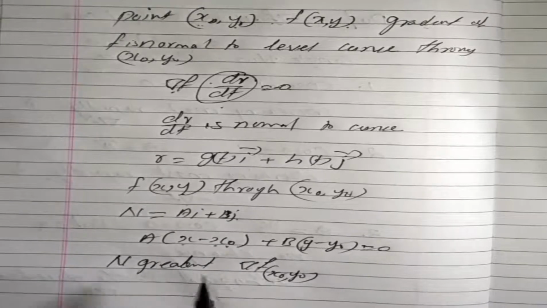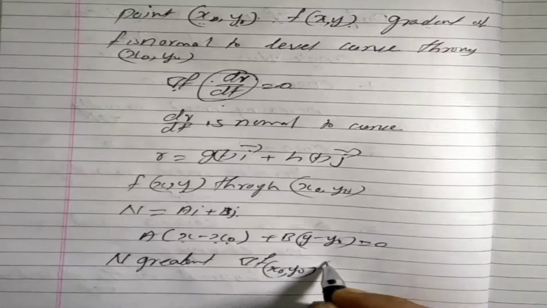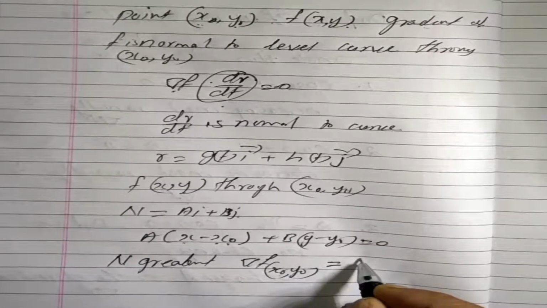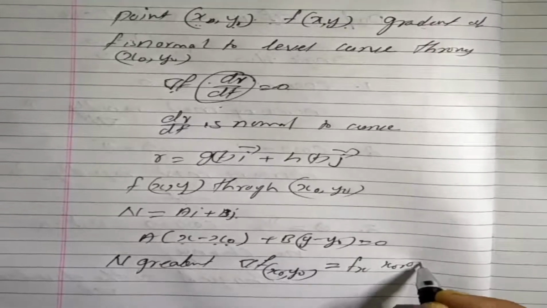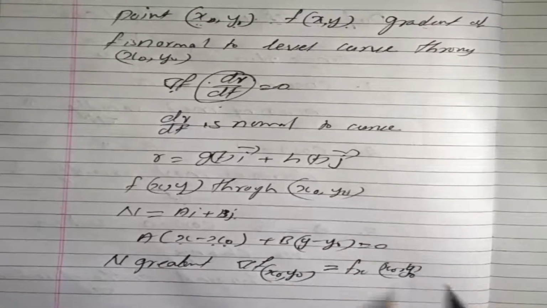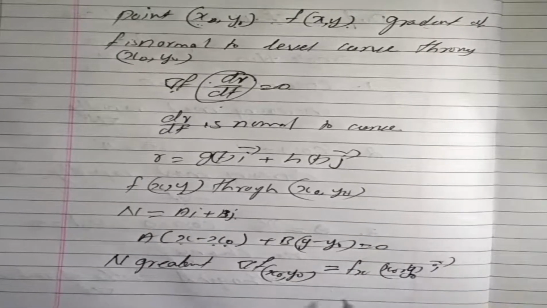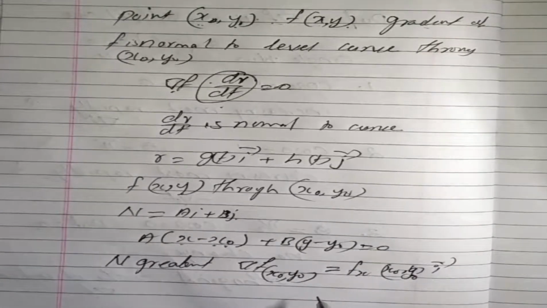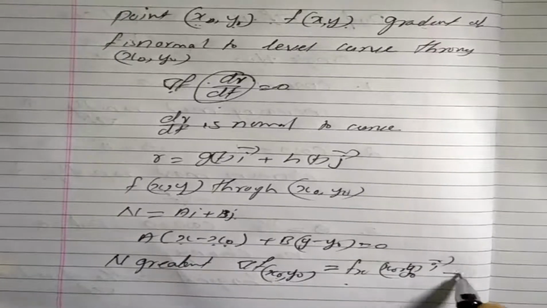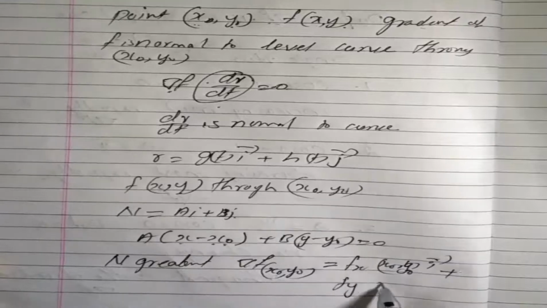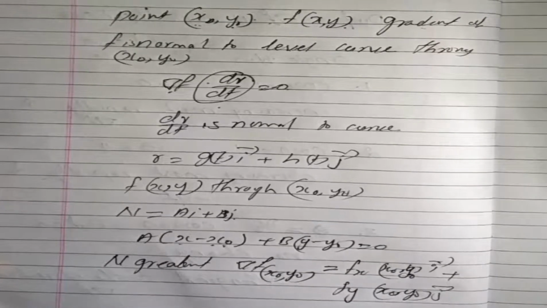That gives f x of x naught comma y naught in the i vector plus f y of x naught comma y naught in the j vector.